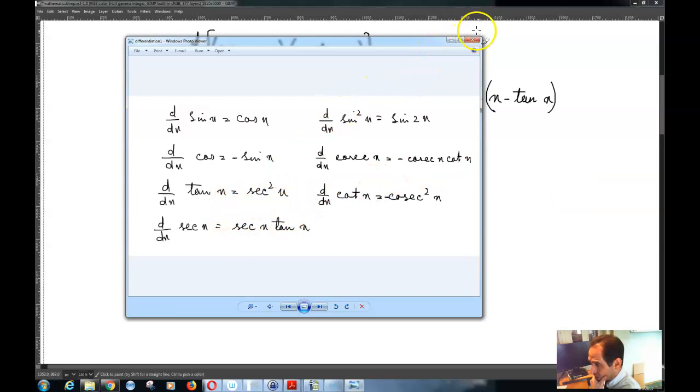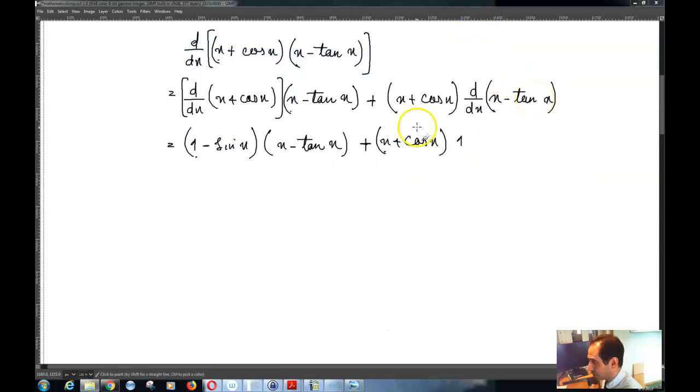d by dx of tan x is secant squared x. So minus secant squared x. Okay, so that you can write as... let me see if they have simplified this.